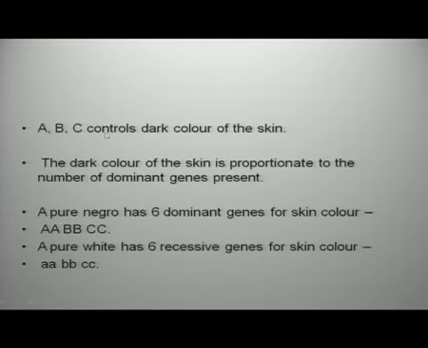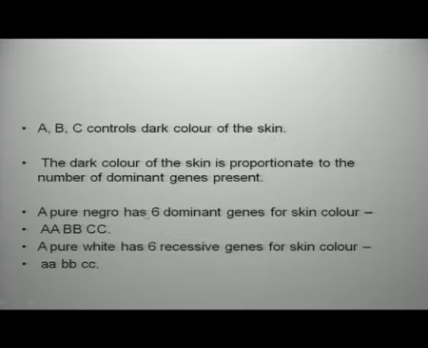If all the 3 genes are in dominant condition, capital A, capital B and capital C, the color of the skin will be dark. The dark color of the skin is proportionate to the number of dominant genes present. If all the 3 pairs are dominant, then the individual's skin color will be the darkest, and we will call it negro.